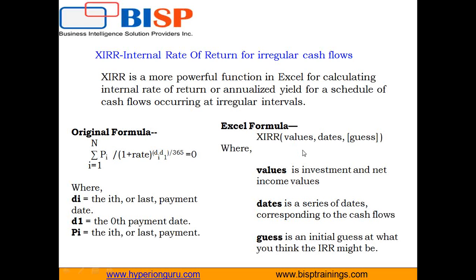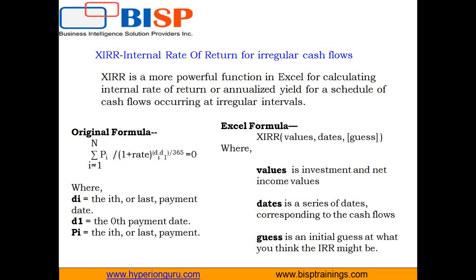But in Excel, it just takes three arguments. The first one is the values. It is a reference to a range of cells containing the series of cash flows, investment and net income values. It must contain at least one positive and at least one negative value. The second argument is the dates. It is a series of dates corresponding to cash flows.